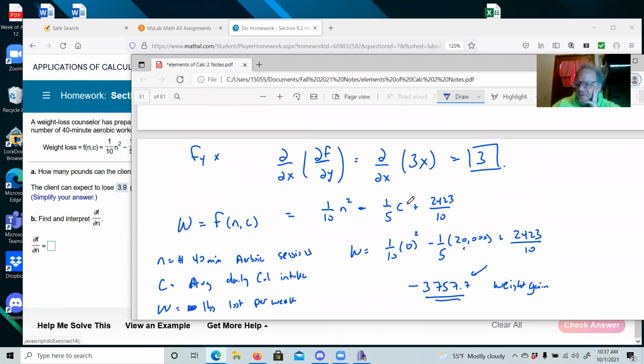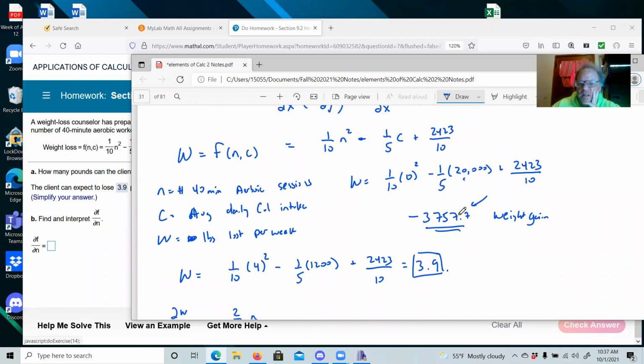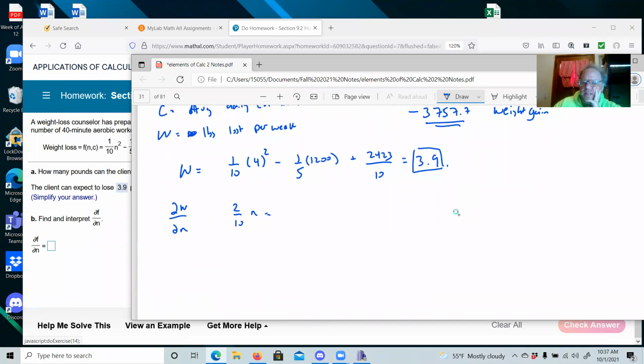Does C have anything to do with the number of calories? No. Does this constant have anything to do with the derivative of n? No. So this is just it. It's 1/5 n. Okay, so this is a rate of change.